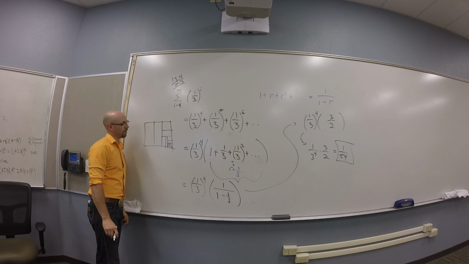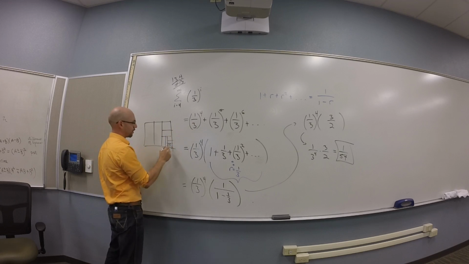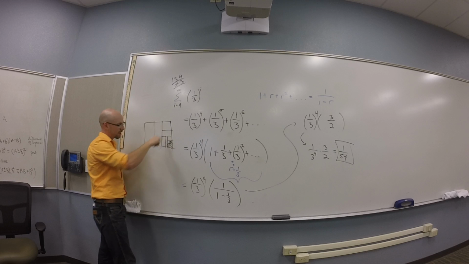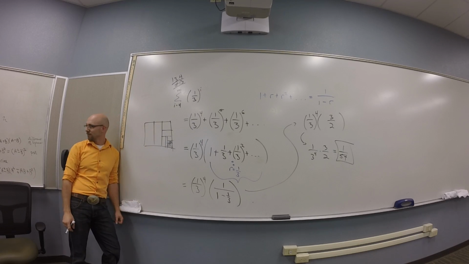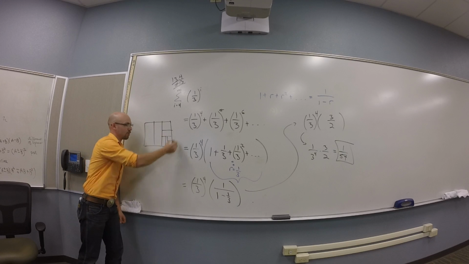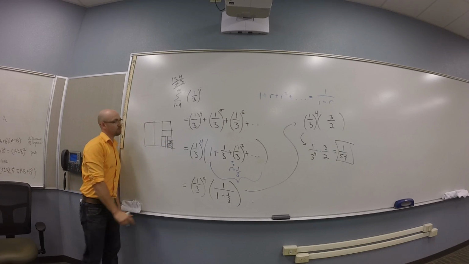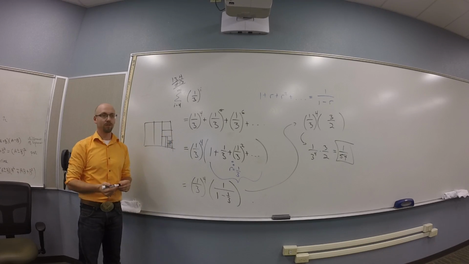I got 1 over 3 to the 4th, so I got one of the 4th layer thirds. And then I got a 1/3 to the 5th, which means I cut another one into thirds and used one of those. So I'm not getting very much of this square at all. You guys see that? I'm getting a very small little chunk down here in the corner, which is apparently 1/54 of the total.